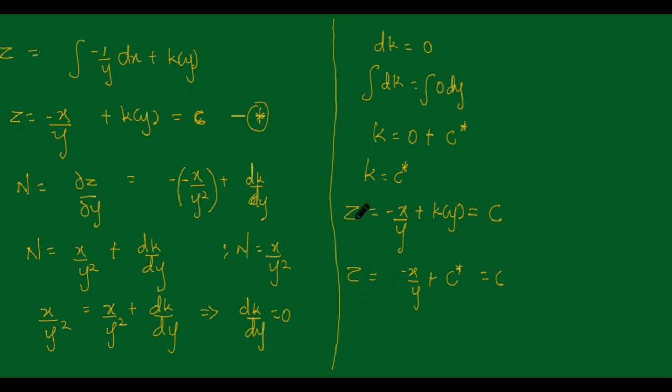That leaves us with z is equal to minus x all over y, which is equal to d. We could decide to multiply it by minus 1. So we have z is equal to x over y, which is equal to minus d. We can then represent our new constant as, let's say, capital letter C now. And we have our solution to the differential equation.